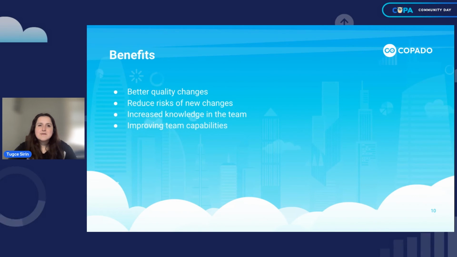And the benefits. To be honest, the benefits of pull request reviews cannot be overstated. However, I'll try to talk about a few of them. With pull requests, you will have better quality changes, because the solutions will go through, hopefully, a static analyzer, and also other team members' perspective.